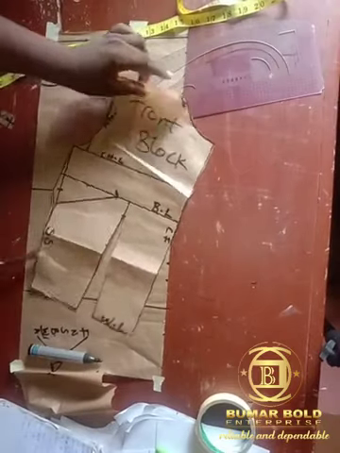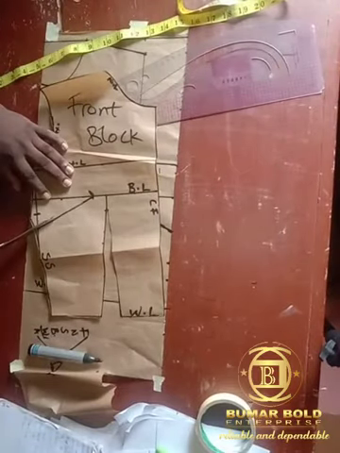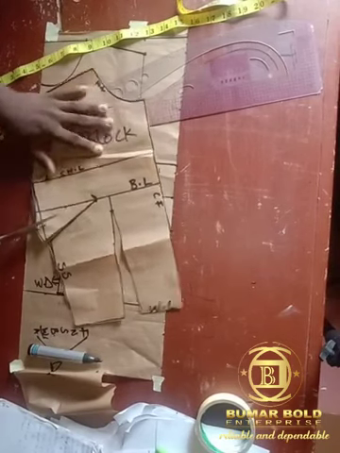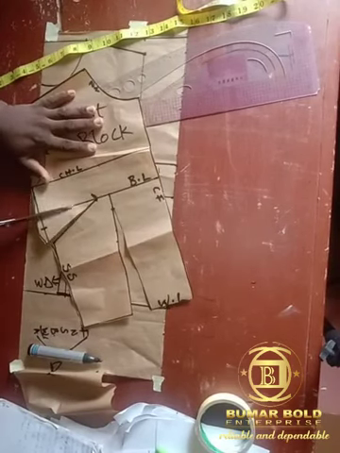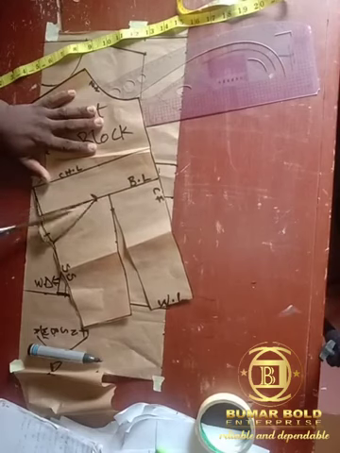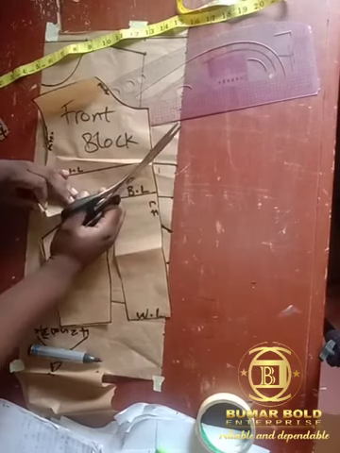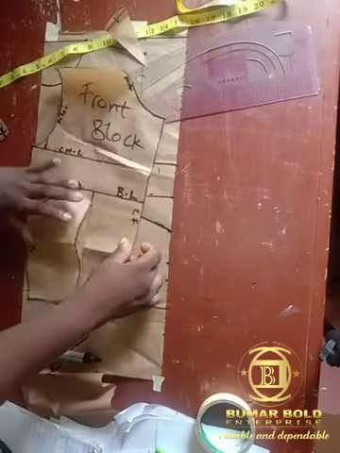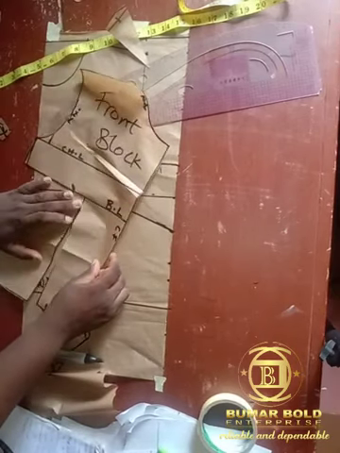I will also cut this out. Like this. Can you see that I'm not cutting it up to the end? So the next thing I'll do is to close this part.